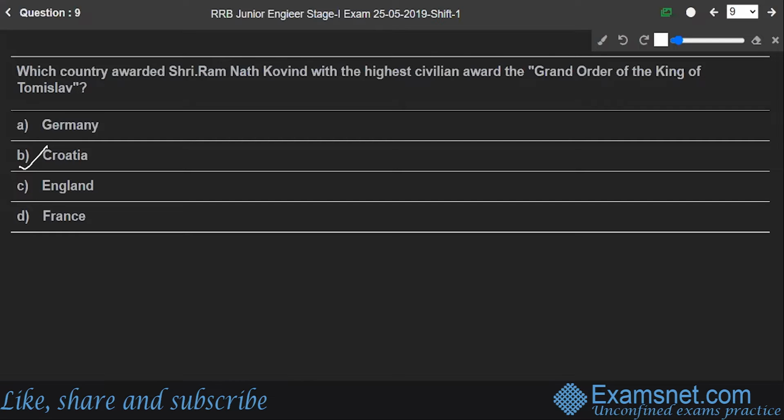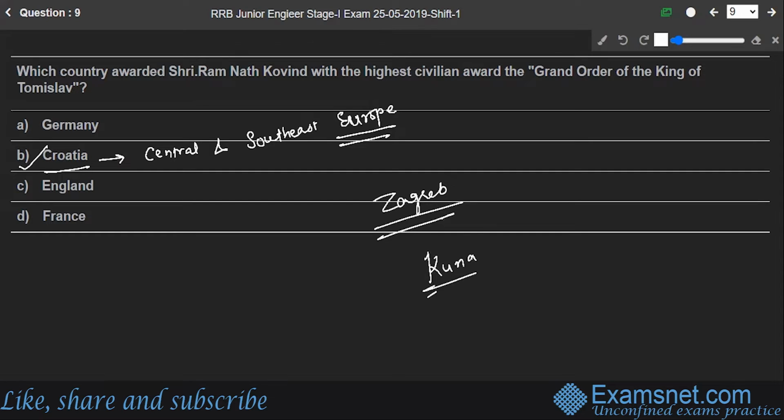This civilian award is awarded to heads of state for their important contribution towards the development of state relations between Croatia and their respective countries. Croatia is located in Central and Southeast Europe, on the coast of the Adriatic Sea, with its capital as Zagreb and the currency kuna.